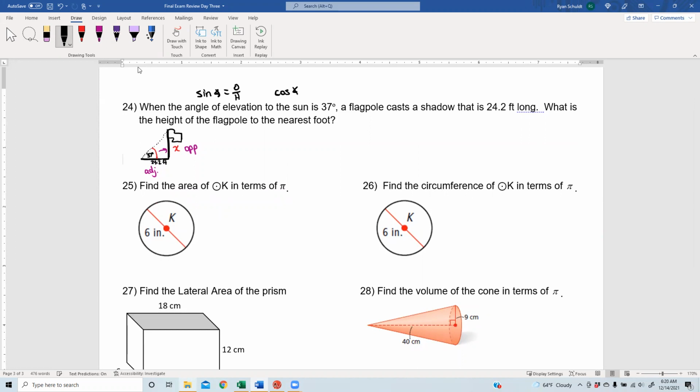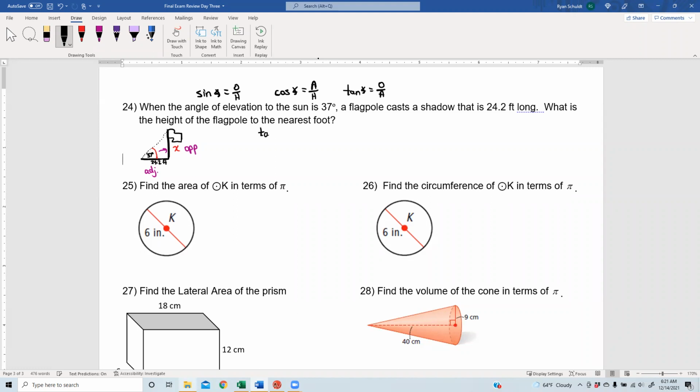The cosine of an angle is adjacent over hypotenuse. And the tangent of an angle is opposite over adjacent. We're doing the opposite and adjacent here, so I need tangent.